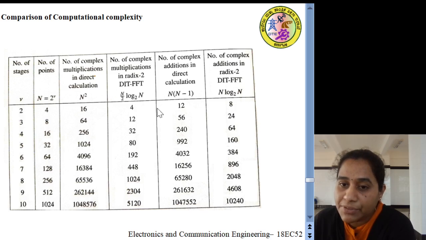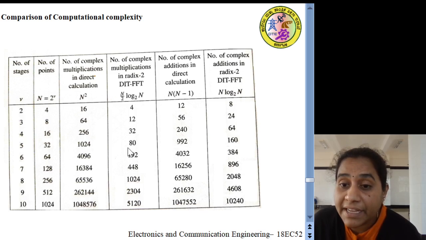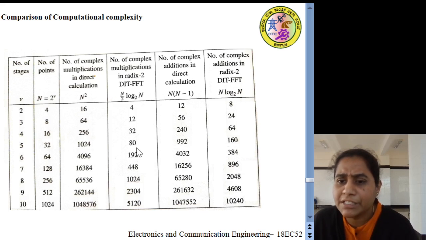We can observe 16 reduced to 4, 12 to 8. If we consider a 32-point DFT, 1024 complex multiplications in direct computation, but just 80 in DIT FFT. 992 complex additions in direct computation, but just 160.